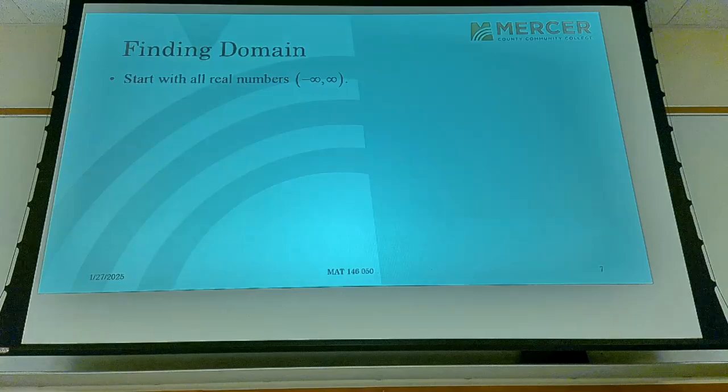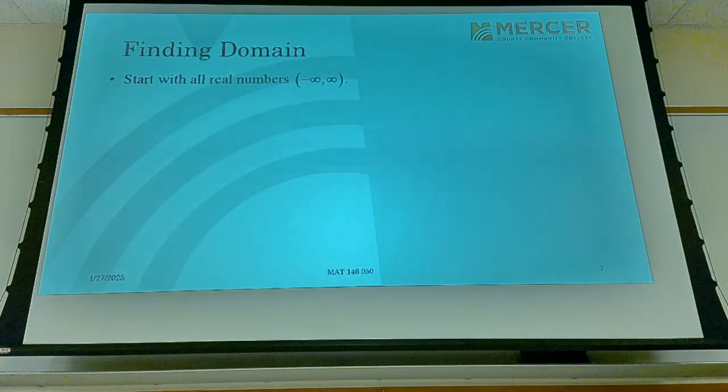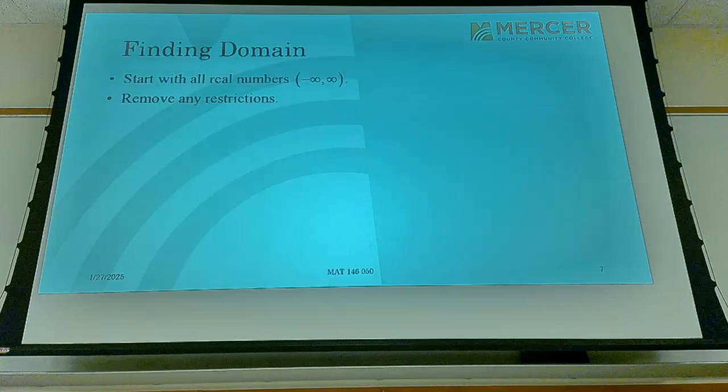For now, we only have two of them to worry about. What number can you not divide by? 0. So if your function has a denominator, it cannot equal 0.